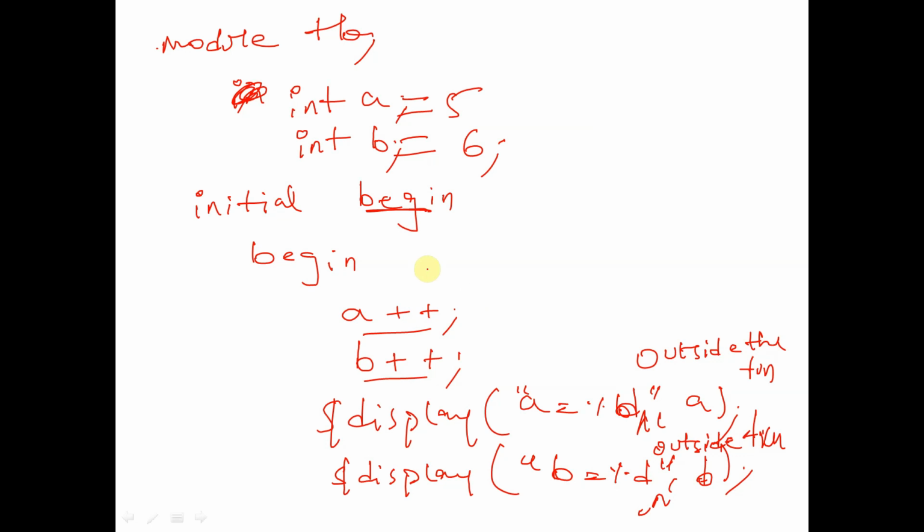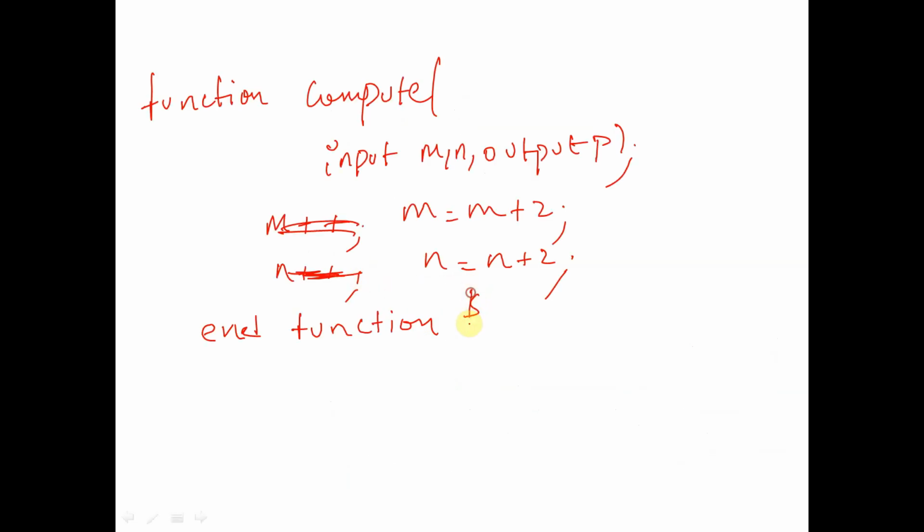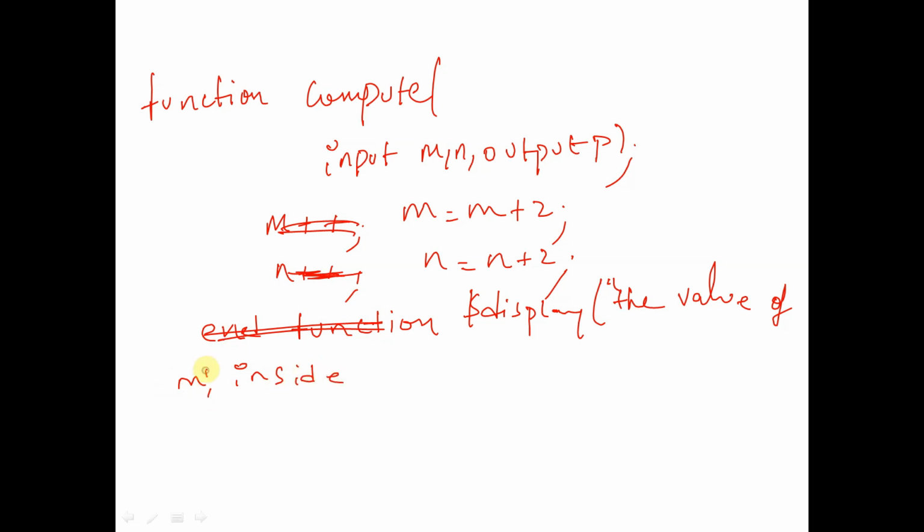So here I will display the values also. $display the value of m comma n inside the function is %d, comma m comma n, and ending the function.